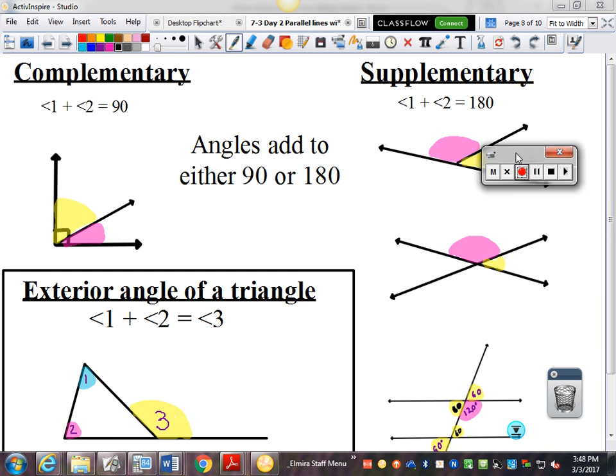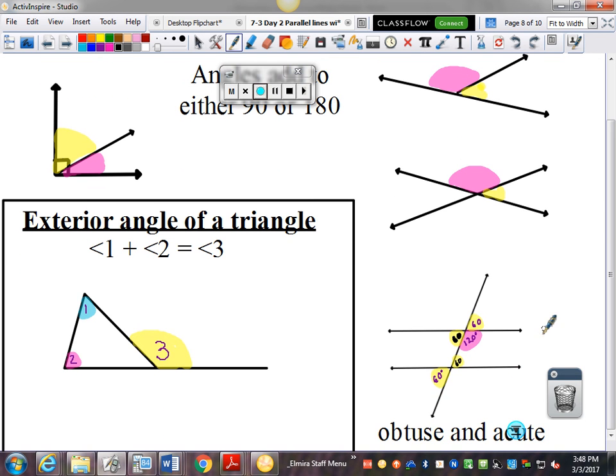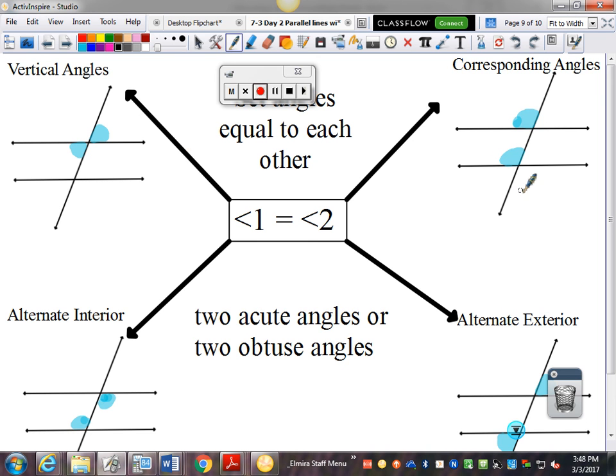And this chart is useful for more than just today's homework. All right. For today's homework, we're going to focus on the parts of the chart that contain the parallel lines cut by a transversal. So when you color in angles that are two different colors, that's going to tell you supplementary. If you color the angles in the same, it could be any one of these 4 vocabulary words.